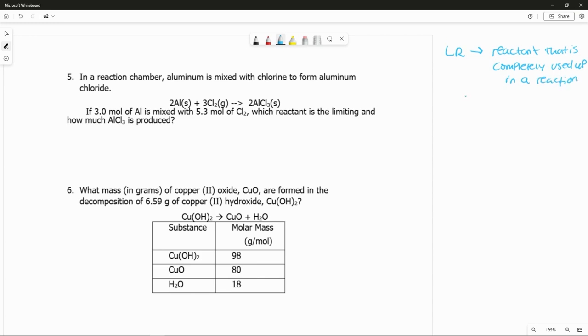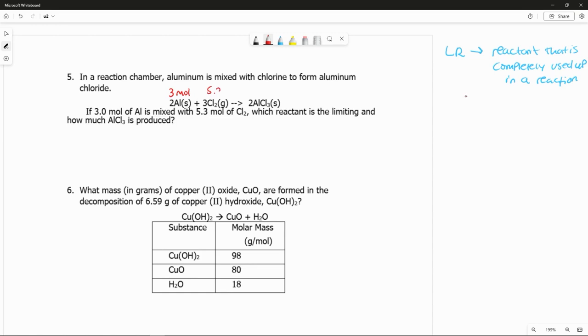And so for this, we can easily determine this by taking our two numbers and using dimensional analysis to find the theoretical molar yield of AlCl3. Let's go ahead and do that. So we start off with labeling our units. We have 3 moles of Al.